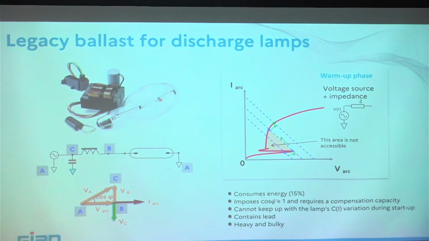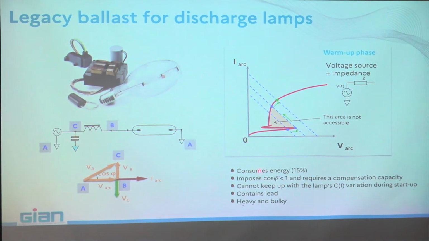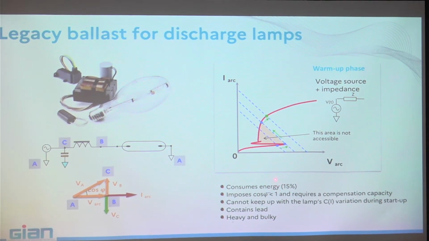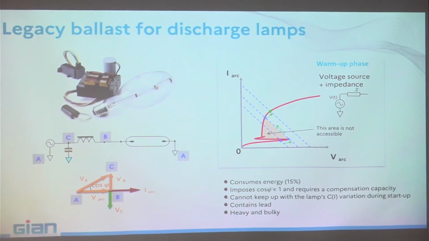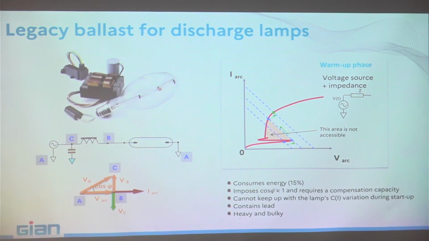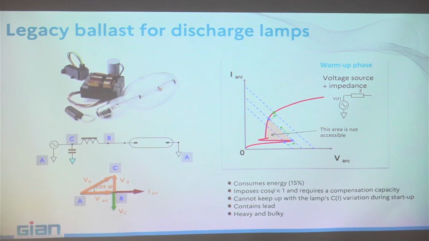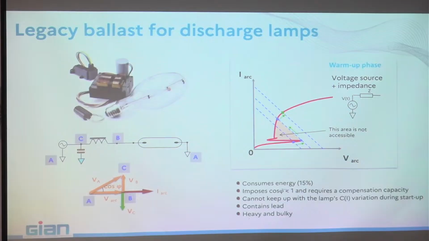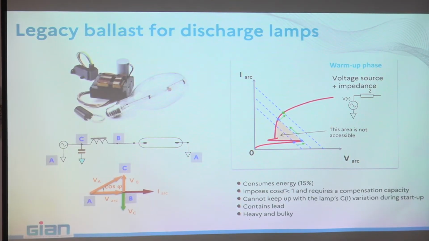Okay, let's continue. Also, this kind of ballast consumes energy, because beyond the inductance you also have a resistor, and you use something like 15% additional power. If you have a lamp of 100 watts, the consumption of your system is 115 watts.